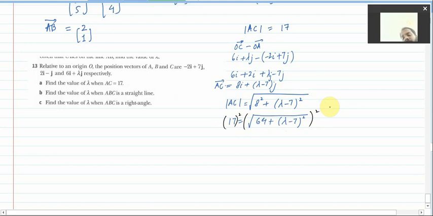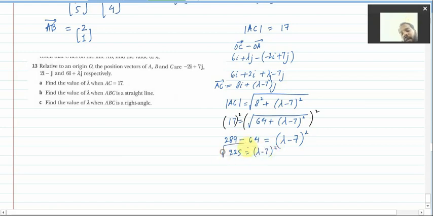Alright, so 17 squared is 289. So now my equation will be 289 minus 64 is equal to (lambda minus 7) whole squared. 289 minus 64, it's 225, is equal to (lambda minus 7) whole squared.